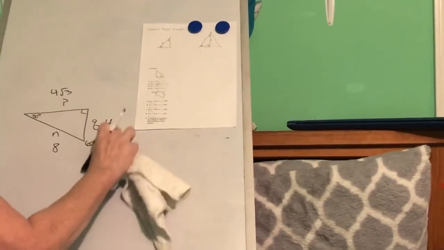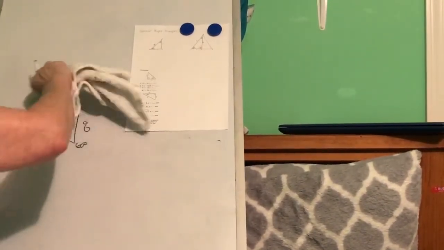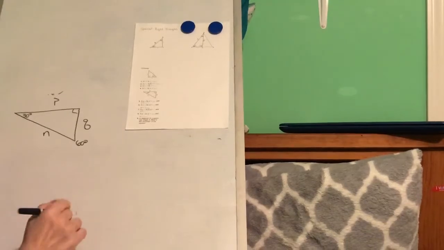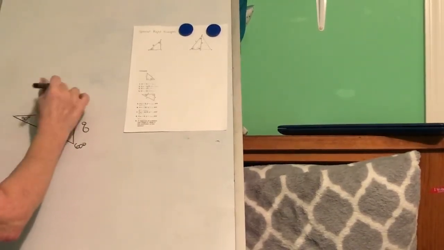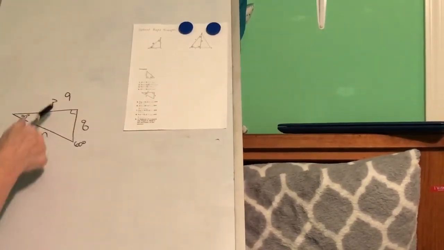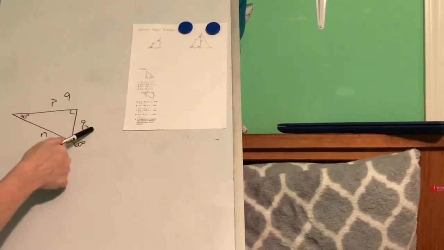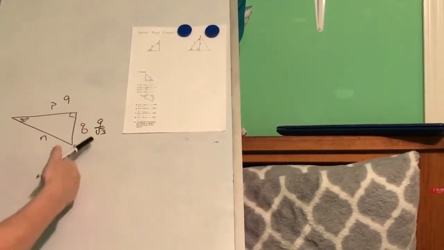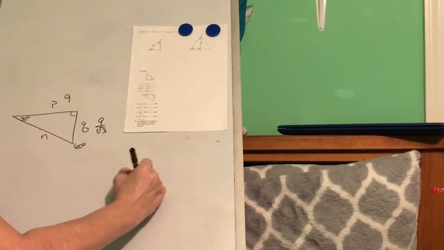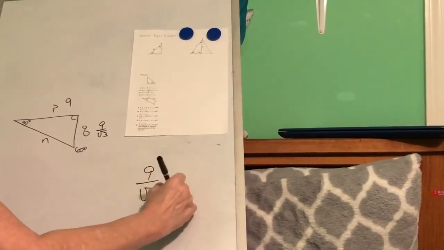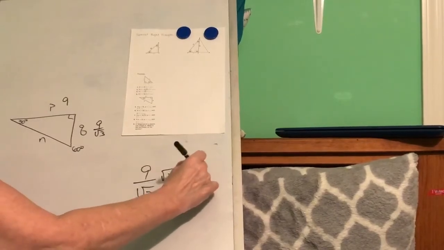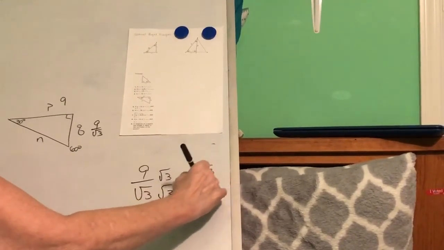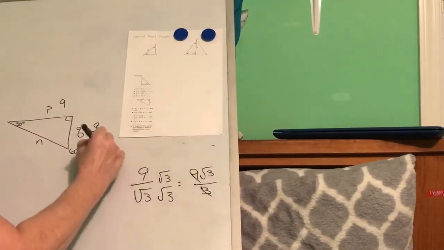All right, and finally for this diagram, we are given for number 8 that P is 9. So if I have 9 here, this is the long leg. To get to the short leg, we have to divide by the square root of 3. This has to be rationalized. Use the identity property. And don't forget to reduce.